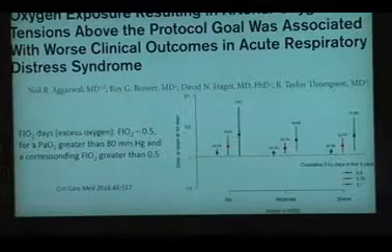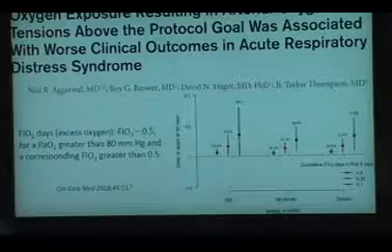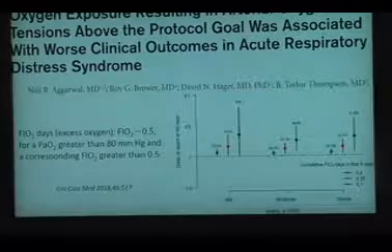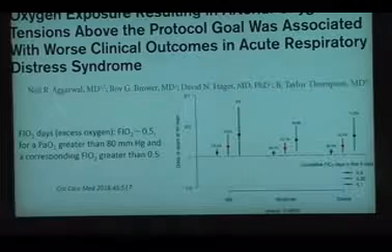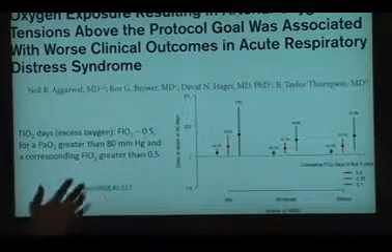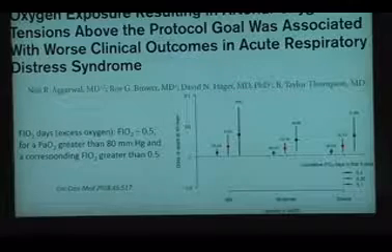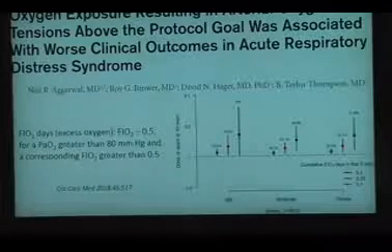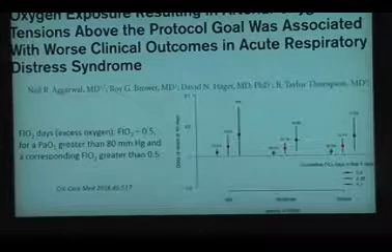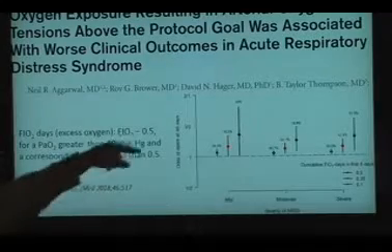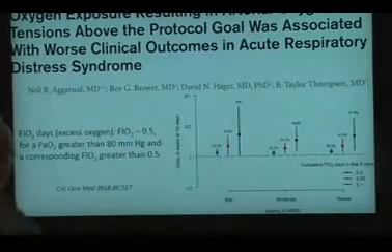For example, this is a study just published a few months ago from the ARDSNet group, where they went back and they looked at all of the patients who were in the ARDSNet studies over the last 15 years. And they looked at the effect of high FiO2s, or oxygen exposure, on the odds of death.